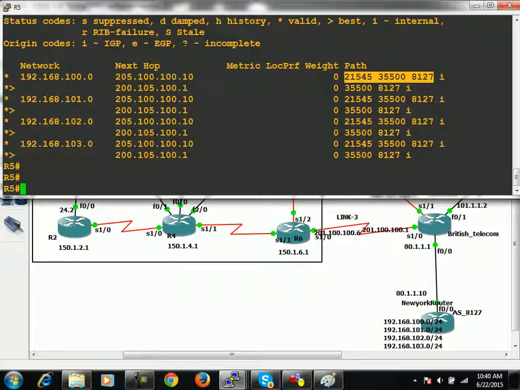Of course, remember that inside the AS path list, the rightmost AS will be the originating AS. The rightmost AS in the AS path list indicates that this is the originating AS, meaning that the prefixes are actually originating from this AS.